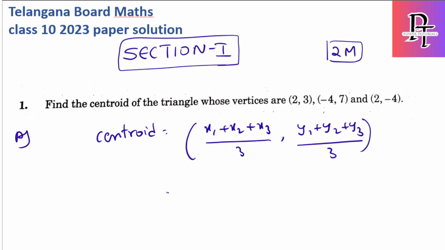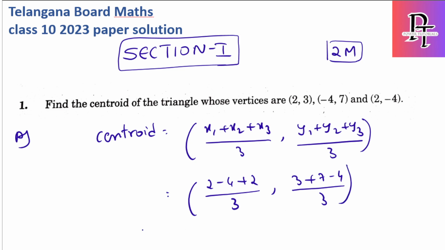We have the points here: (2 minus 4 plus 2) by 3 comma (3 plus 7 minus 4) by 3. So finally the centroid is equal to 2 plus 2 minus 4, which is 0; 3 plus 7 is 10; 10 minus 4 is 6 by 3; 6 by 3 is 2.